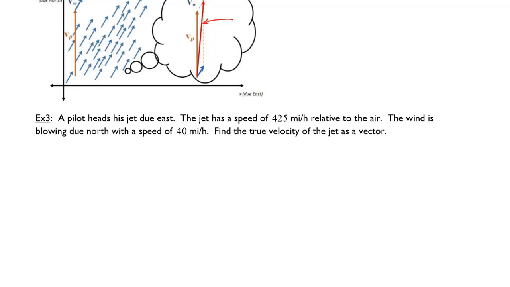In this example, a pilot heads his jet due east. So let me draw a jet in the due east direction. The jet has a speed or magnitude.